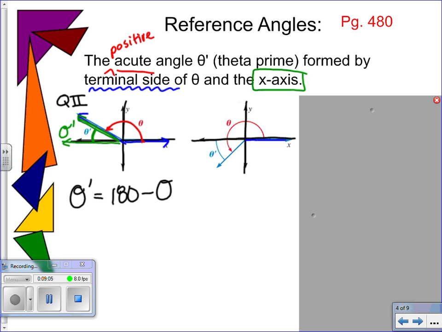So I have a positive x-axis for my initial side. I want to open in the third quadrant, so I have an angle here. And that represents this red angle, which we'll call theta. And we're working now in quadrant 3.